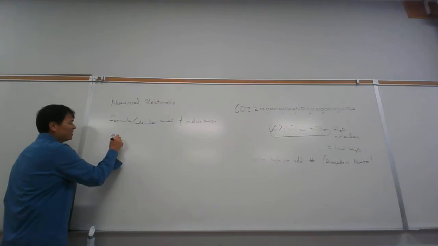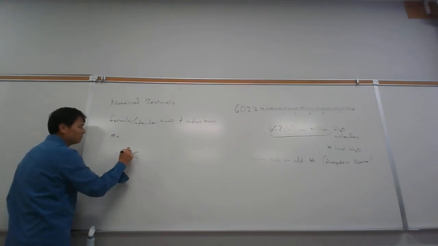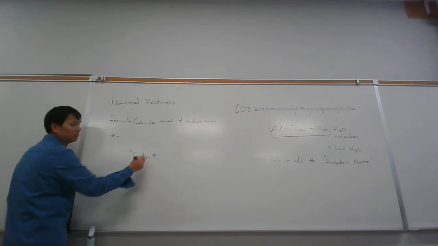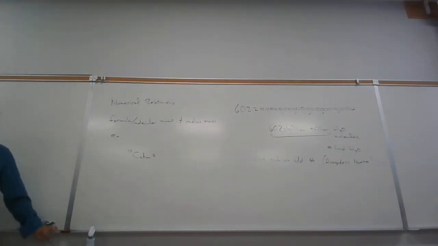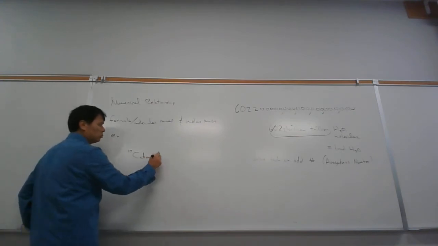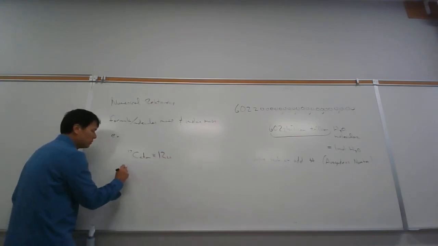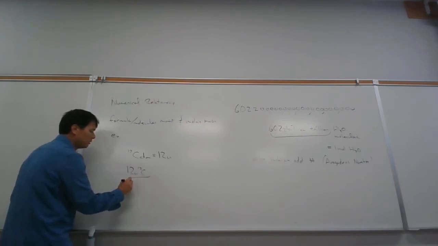And so an example of this is 1 carbon-12 atom. Do you know how much 1 carbon-12 atom weighs? By definition, it weighs exactly 12 u. So what we can say is there's 12 u of carbon-12 in 1 carbon-12 atom.